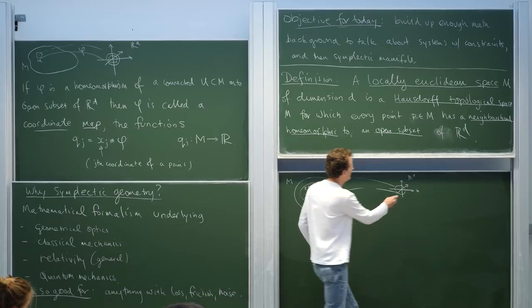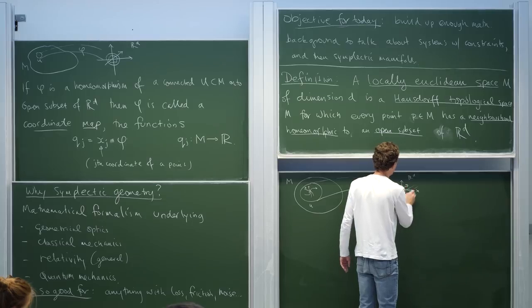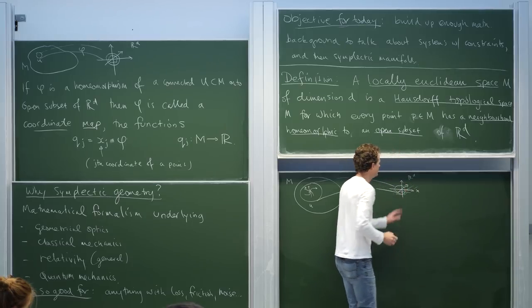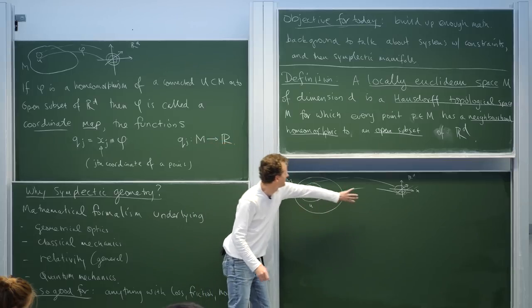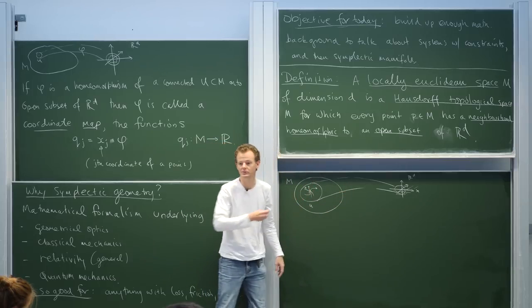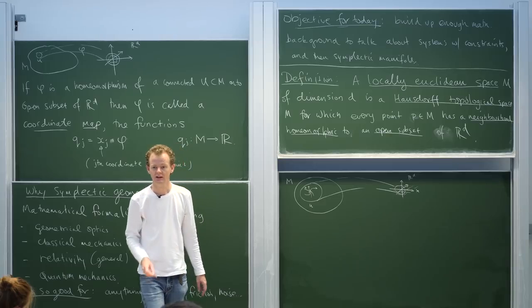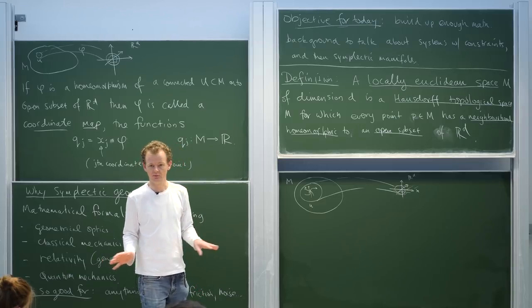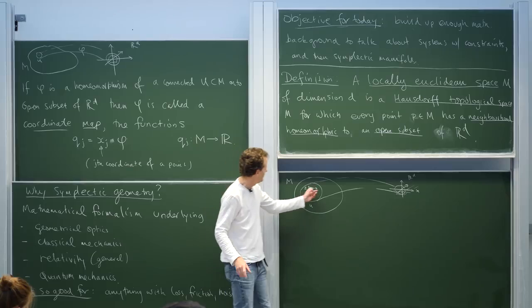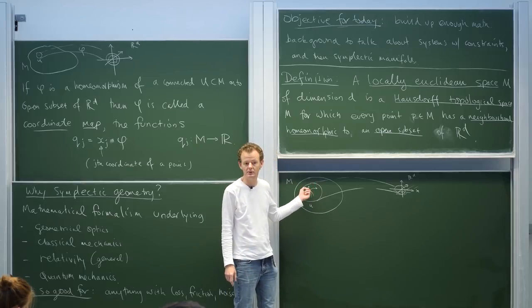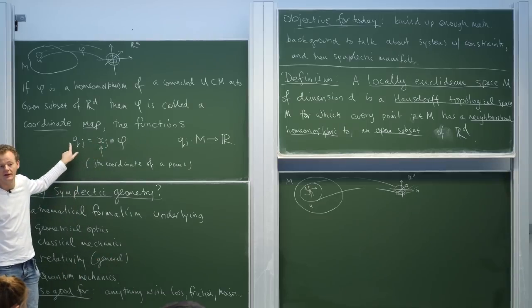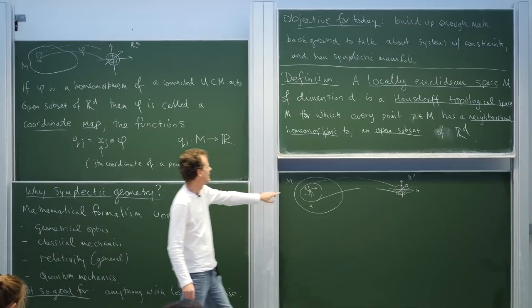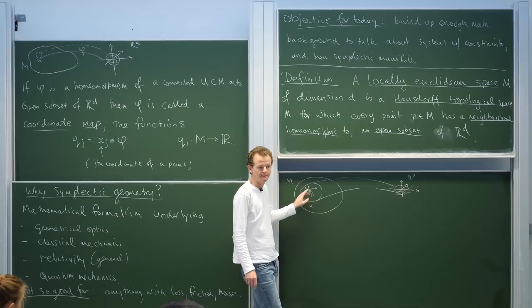And furthermore, if you had a nice grid subdividing R to the D into a lattice, then that lattice would have some curvy pre-image here in this locally Euclidean space. So that's almost as good as Euclidean space. Every point here has a coordinate, which is a list of numbers. It's a list of D numbers, in particular these. Every point in M, sufficiently close to P.